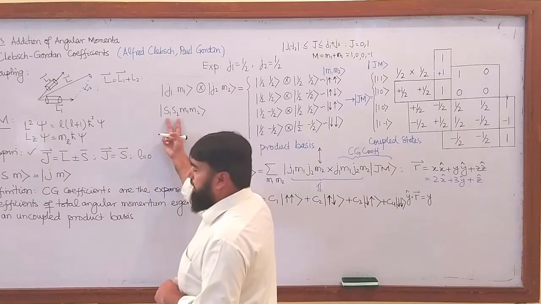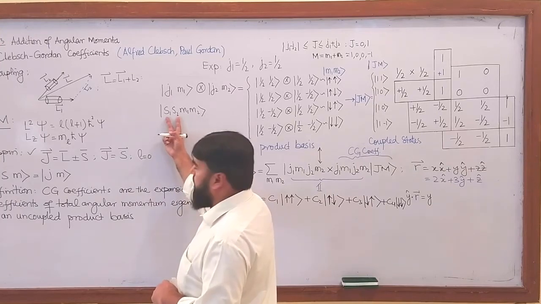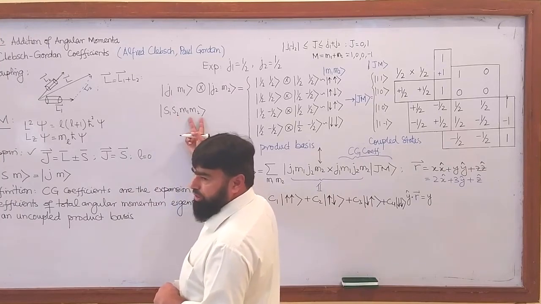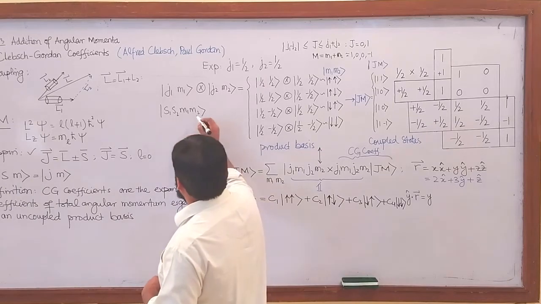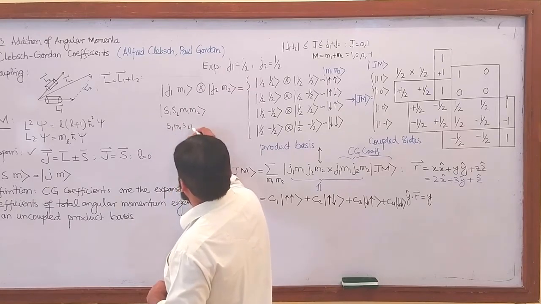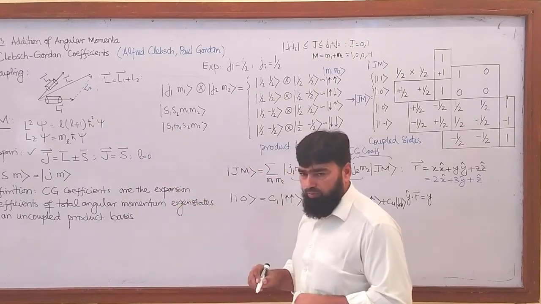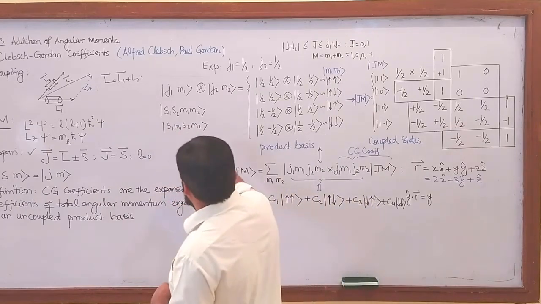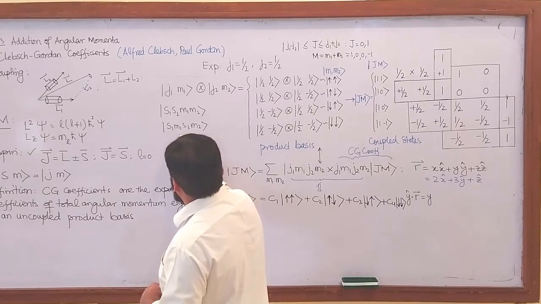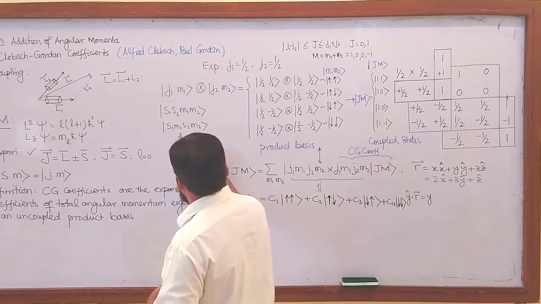First writing the spin angular momenta quantum numbers, and then their orientation. While we will write it like this: S1, M1, S2, M2, right? We will write in this form. And then this representation I can convert into J1, M1, J2, M2.